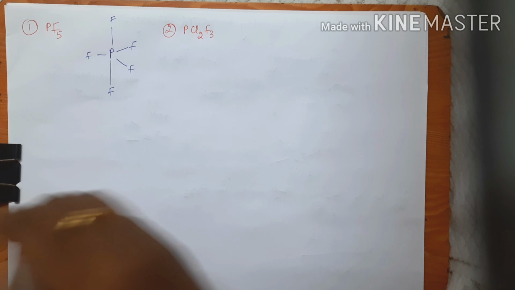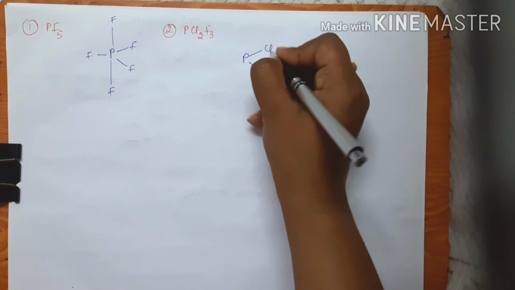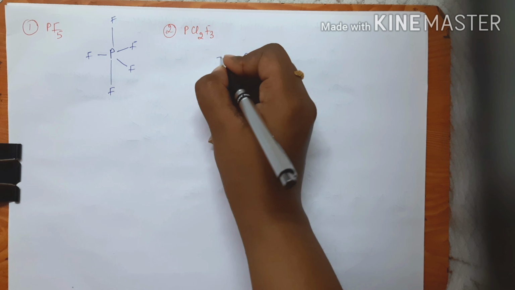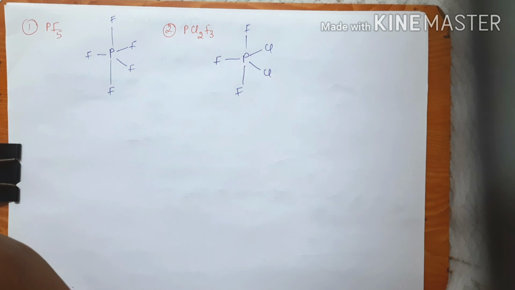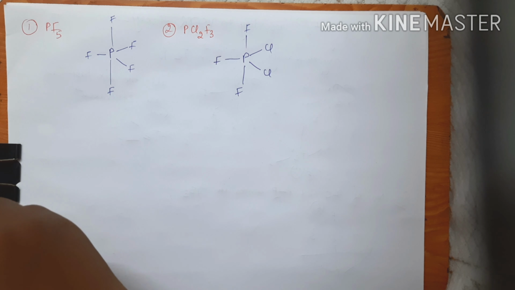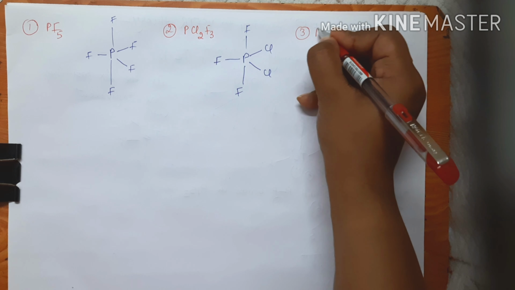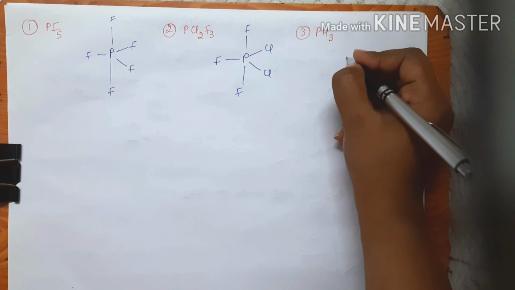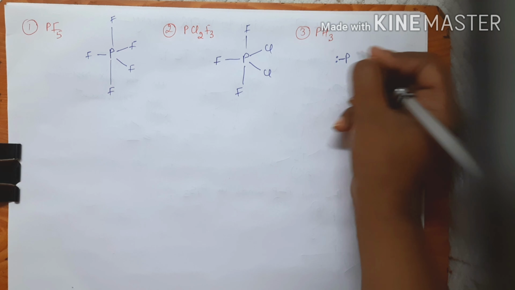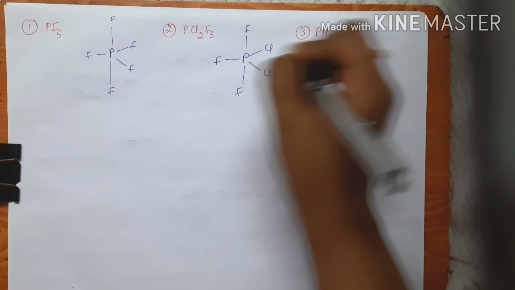For this we have phosphorus here, 2 Cl present here, F here, 1 fluorine above and 1 below. Third is PH3. For PH3 there will be 1 lone pair and 3 hydrogens attached like this.